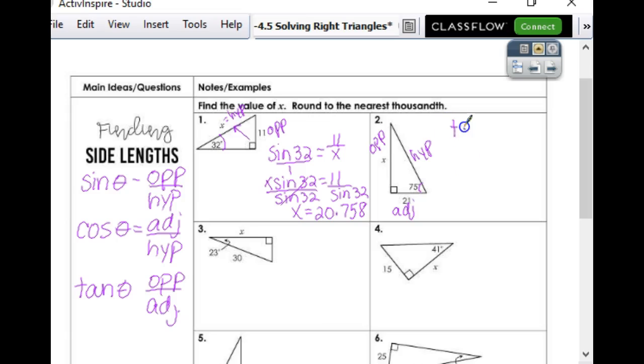So I'm going to do the tangent of 75, and that's going to equal x over 21. If I put a 1 under here and cross multiply, I get 78.373.